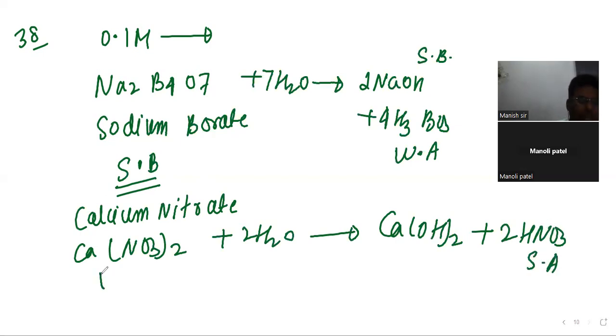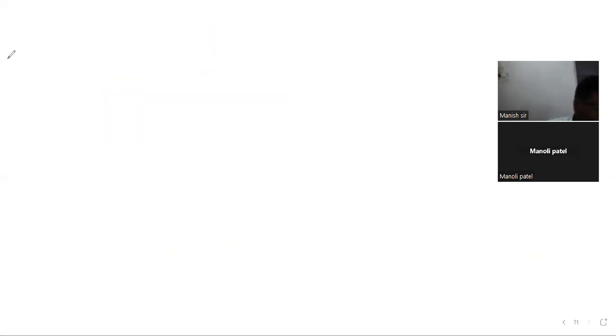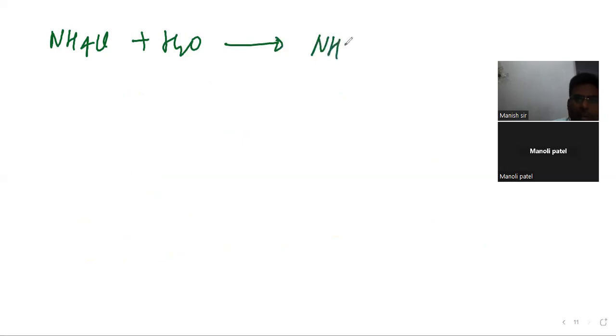Right. Calcium nitrate is a weak acid. Now see the next, ammonium chloride, that is NH4Cl. When it dissociates in water, it forms NH4OH plus HCl, a strong acid. So this is your weak base.